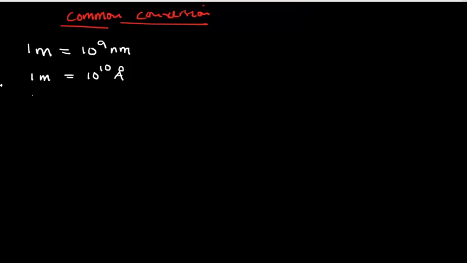Also, 1 meter is equal to 10 to the power 12 picometers. So if it is in picometers, then you use 10 to the power negative 12. So maybe these are some of the conversions.